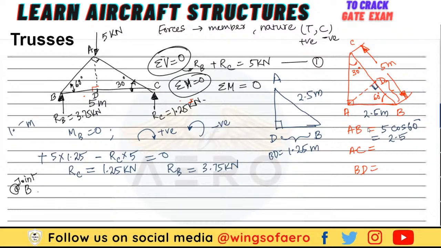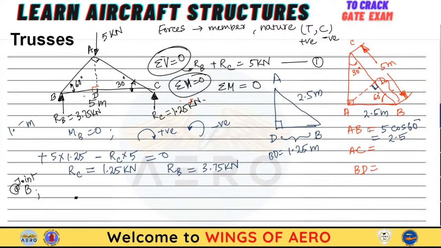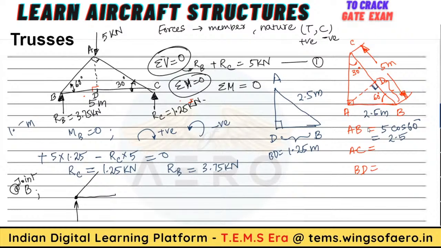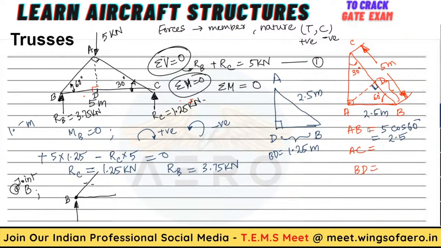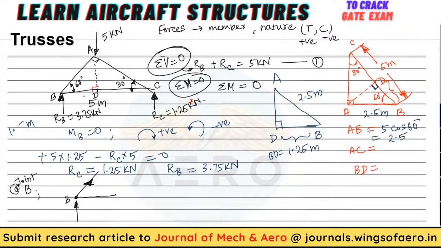Now in the joint B, first you need to draw the different loads that are acting at the point B. Now this member, the BA member, always needs to be considered tensile in nature.